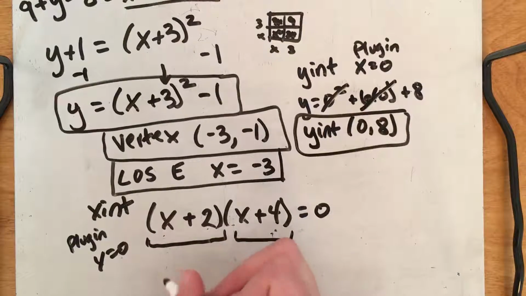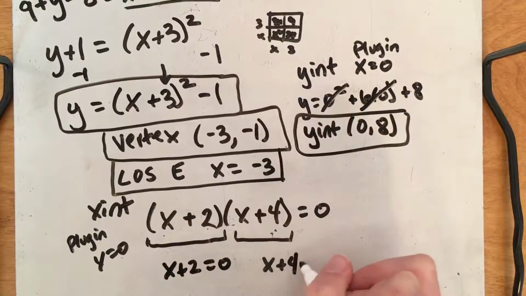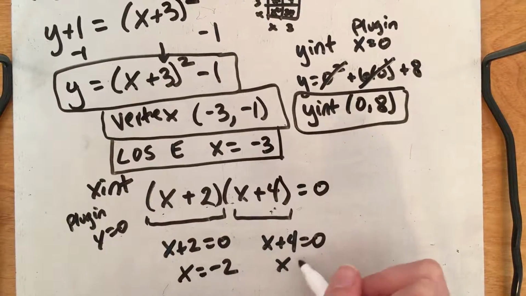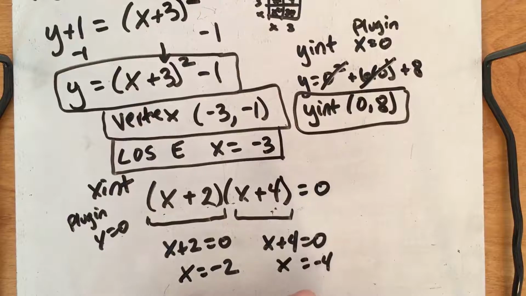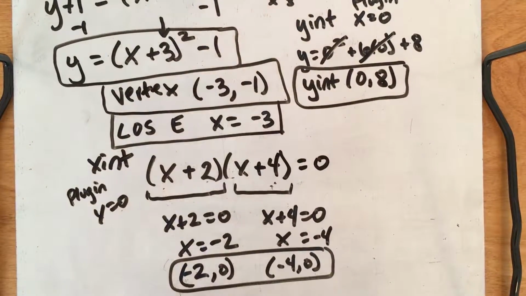Doesn't matter which one. So I set each of those equal to 0, and those will get me the x-intercepts. So I'm going to subtract 2 from the first one, so I'll get x equals negative 2, x equals negative 4, and let's write those as coordinates: (-2, 0) and (-4, 0). So what you could do now is go ahead and plot all these points and graph your parabola.